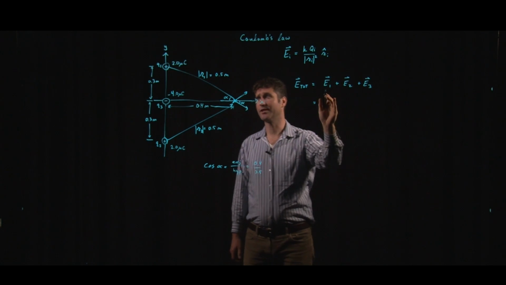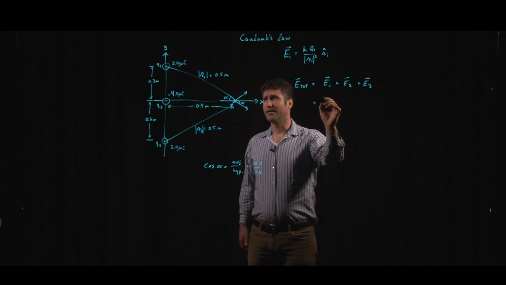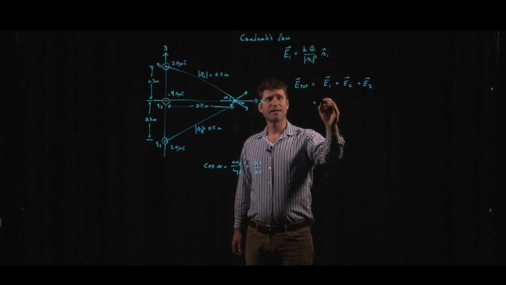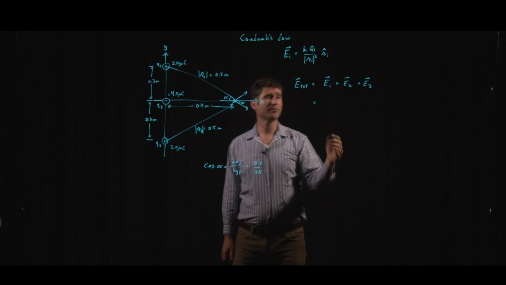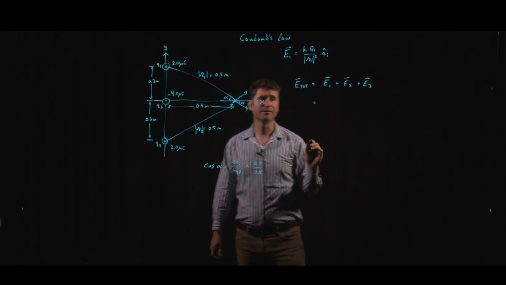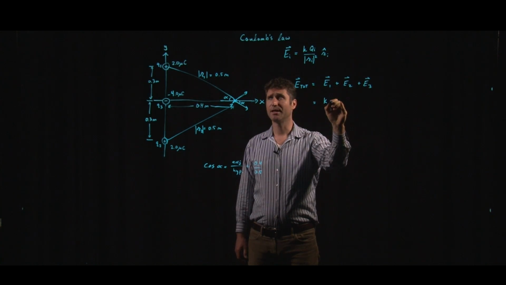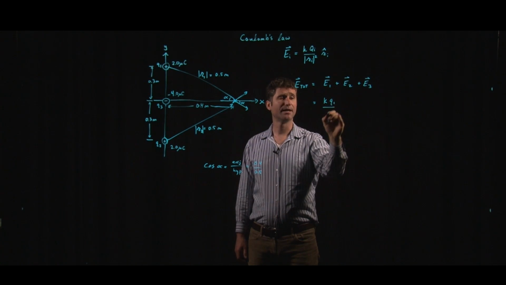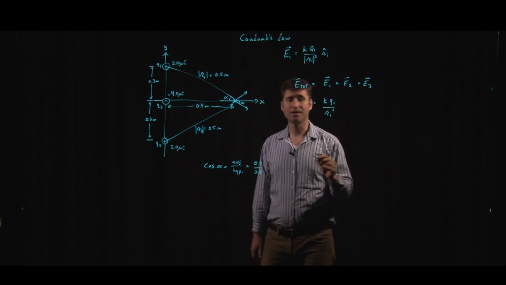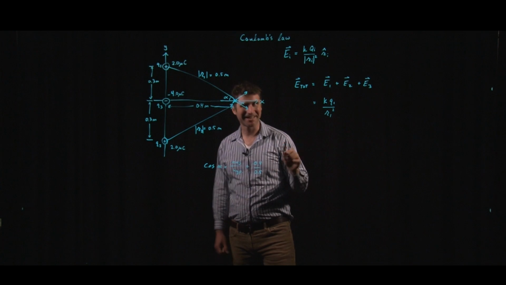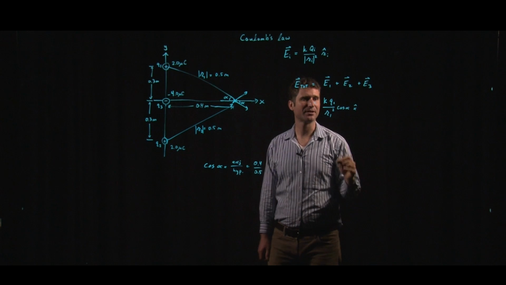For the first electric field, the distance is this 0.5, the charge is this 2 microcoulombs, and I'm going to write it down symbolically first, then we'll plug in the numbers on the next step. So I'll have k times Q1 divided by R1 squared. And I'm only going to pick out the x-hat component of this, so I'm going to write the cosine of alpha here in the x-hat direction.